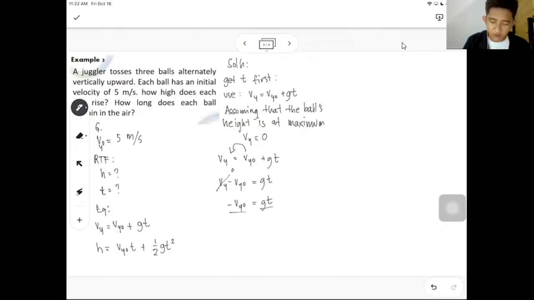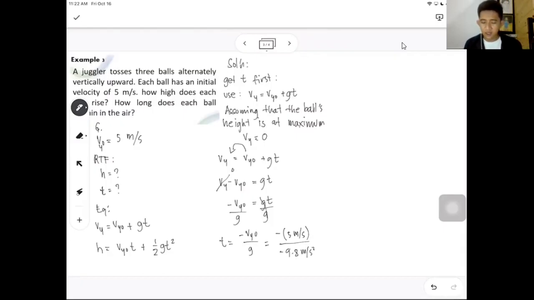So to isolate time, we divide both sides by g. So we have now a working equation: t is equal to negative vy sub 0 divided by the acceleration due to gravity. So this is equal now to negative 5 meters per second. We have a positive value for the initial velocity because it is moving upward, divided by negative 9.8 meters per second squared.